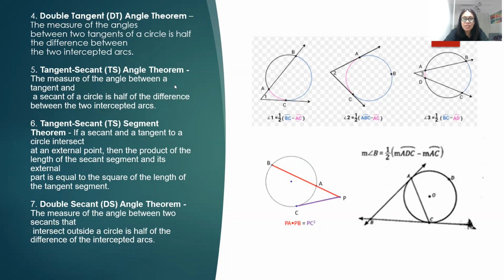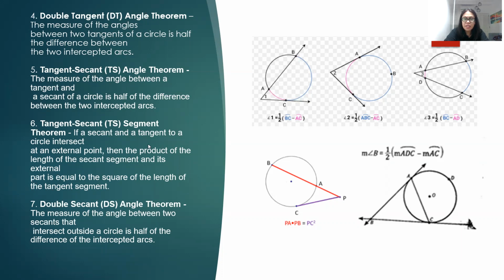When we say tangent-secant angle theorem, it is an angle made up of a tangent line and a secant line, for example, angle 1. The measure of this is equal to 1/2 the difference between their intercepted arcs, BC and AC.